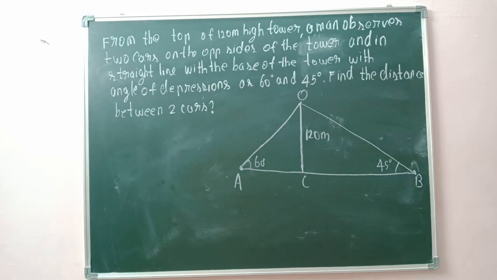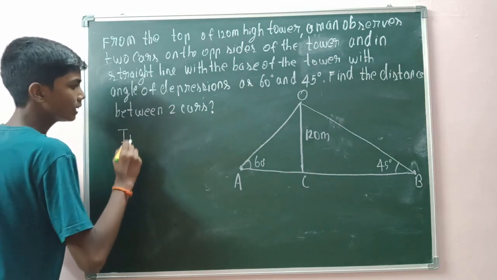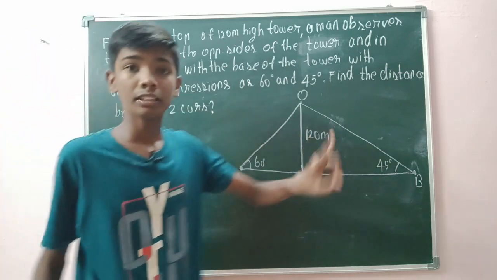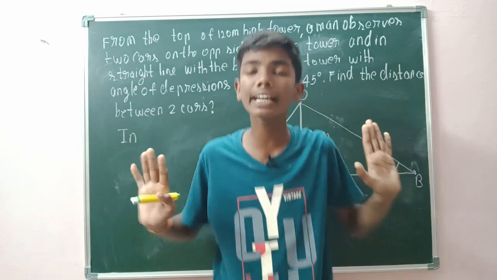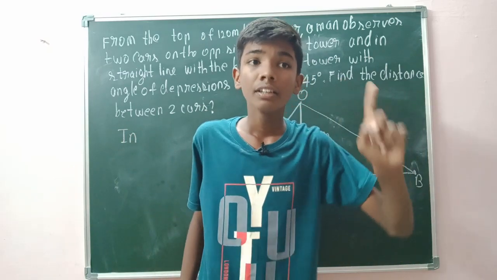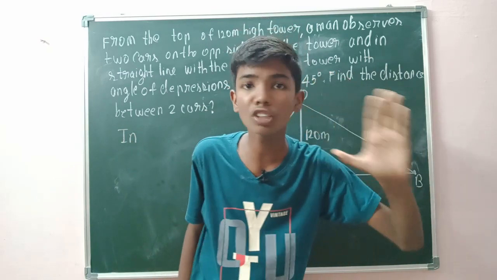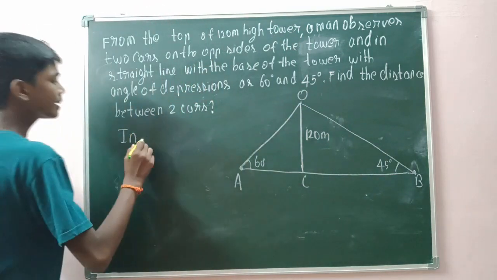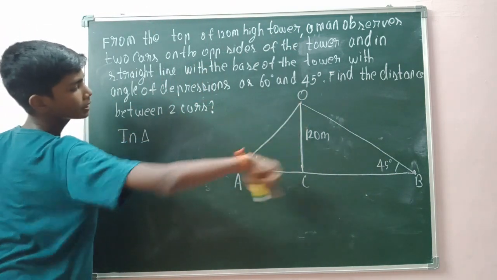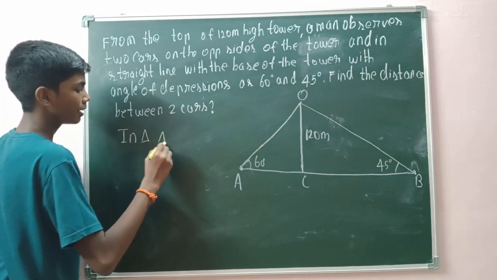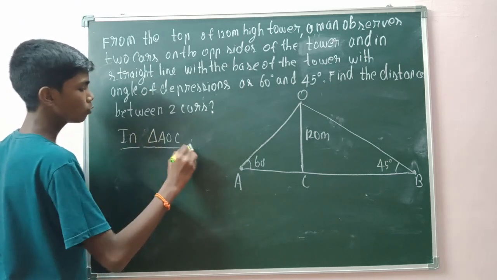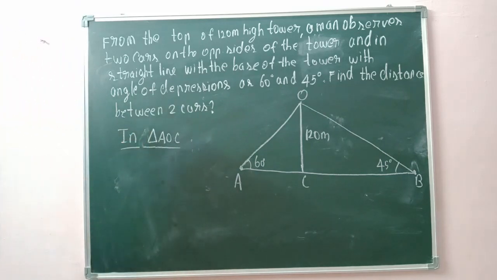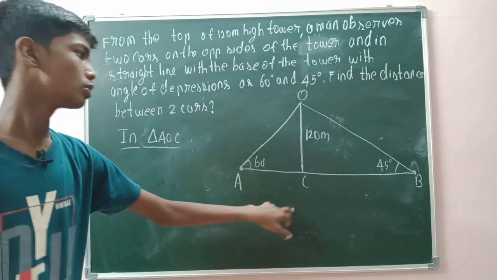Now listen to me very carefully. This is a very easy one, not like the question that we solved earlier. 100% everybody can do it, but you need to know the basic knowledge of trigonometry. So in triangle AOC, we need to find AC.